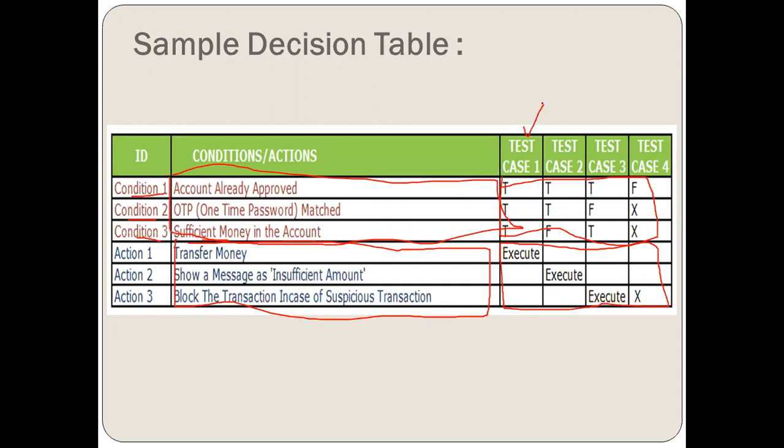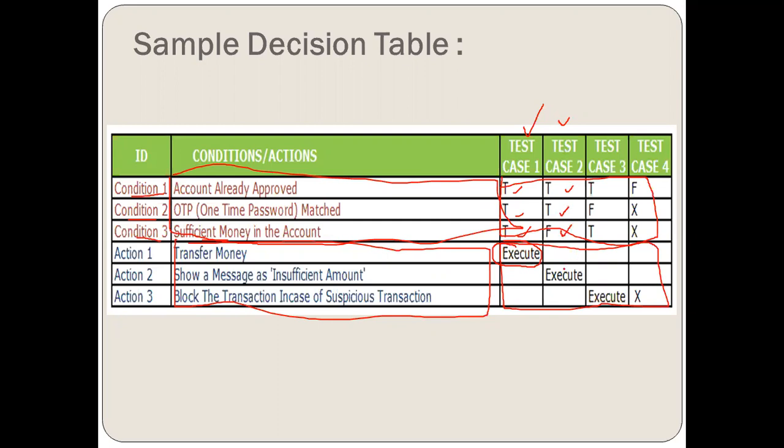The first case says that account is already approved, true. OTP matched, true, and sufficient amount is there. Then obviously, the transfer of money is done. That means it is executed. Second test case says that account already approved, true, one-time password matched, true, but money is not sufficient.